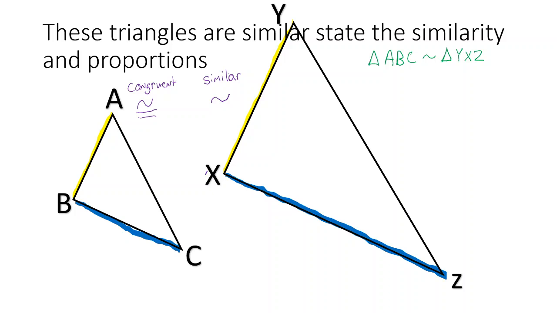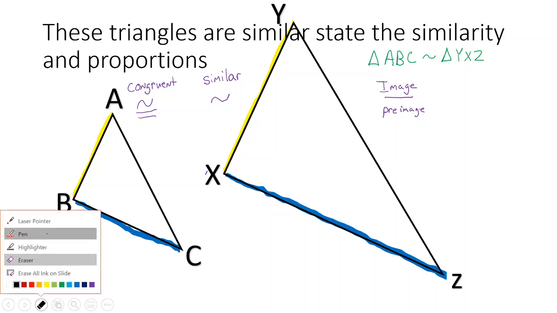All right. Now it says to state proportions. So again, we want to say the image over the pre-image. So in the image, we have side AB. You can see because I highlighted it, it's similar to, excuse me, I'm not following my own rules. Apologize.